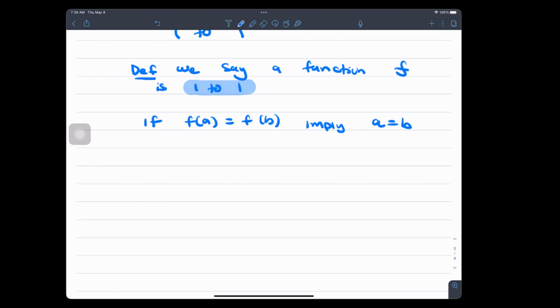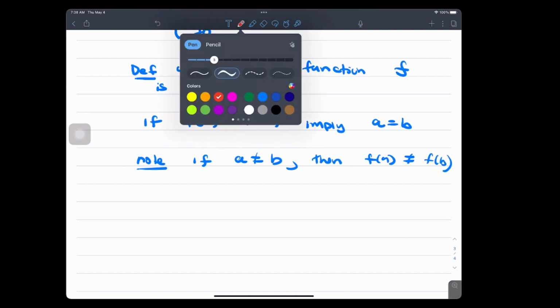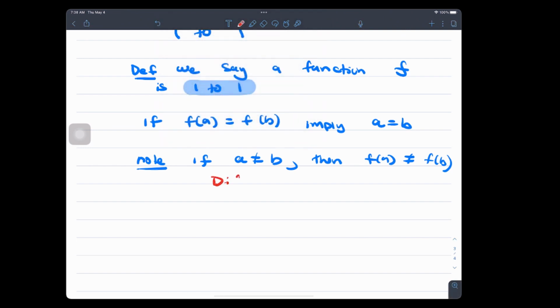I want to give you a note. Other books might give it this way: if you have different inputs, then you must have different outputs. This is the equivalent version of the criteria, and you need to satisfy it.